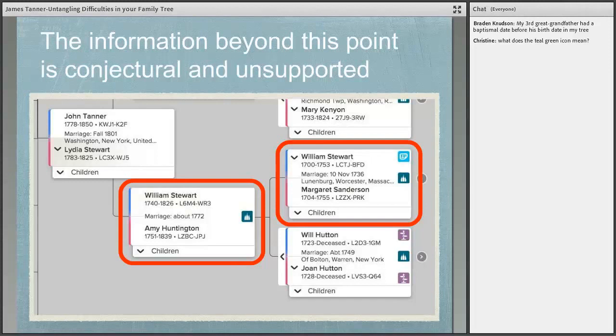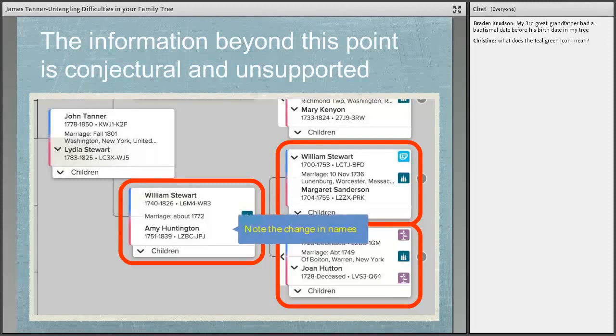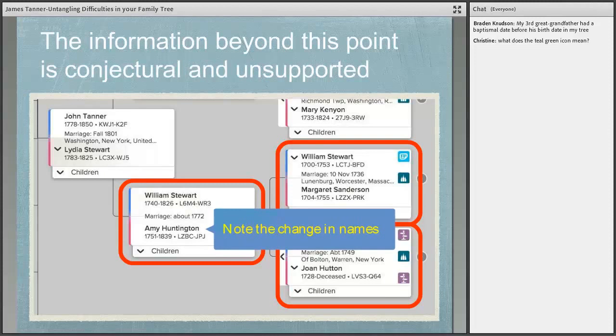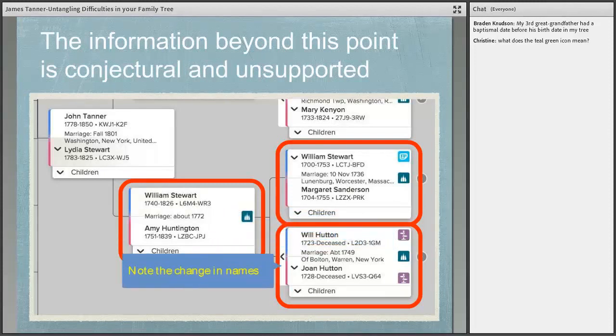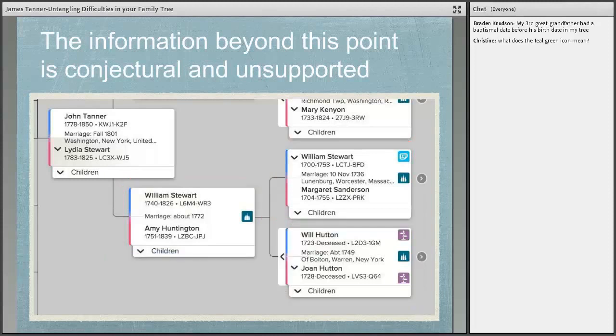And Margaret Sanderson has just as much of a lack of information as any of the other entries here. Then we notice that there's also a difference in the names between Amy Huntington and William Hutton and his wife Joan Hutton. So we're noticing that the names change.